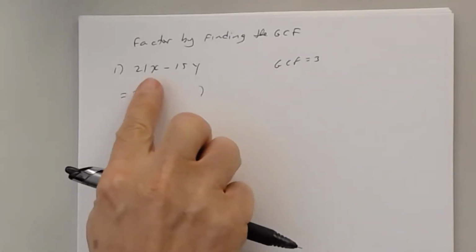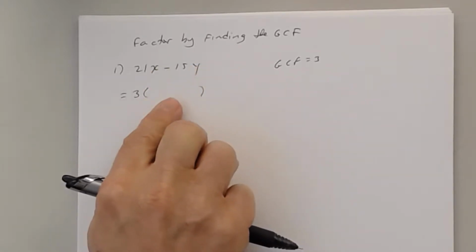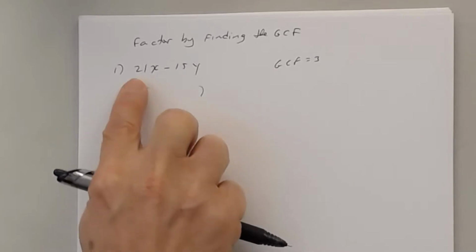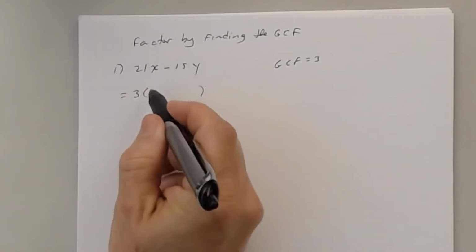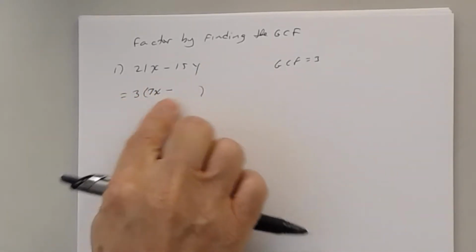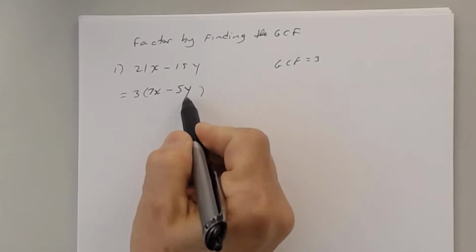Okay, now how many terms did you start with? 2. You better have 2 terms inside the parentheses. And basically, you can always check yourself by using the distributive property. 3 times what is 21x? 7x. Minus 3 times what is 15y? 5y.